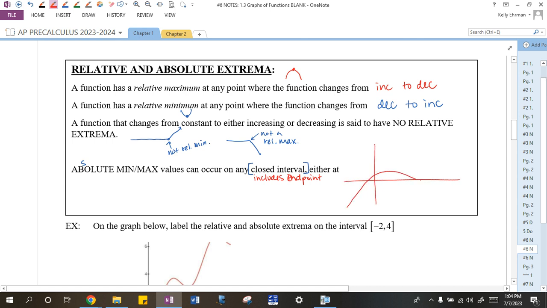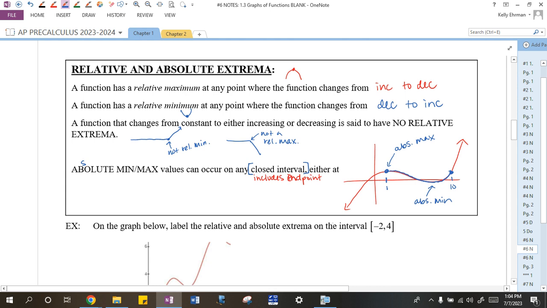Maybe this graph goes on forever, but I'm asking you to look at the closed interval between 1 and 10. I'm just looking for this segment. Is there an absolute lowest and an absolute highest point on this graph? Yes. Lowest is somewhere here. Let's pretend that this point is higher. I didn't draw it very well.